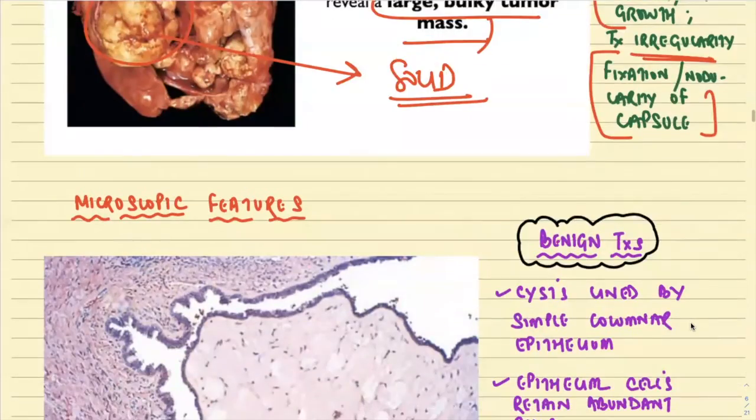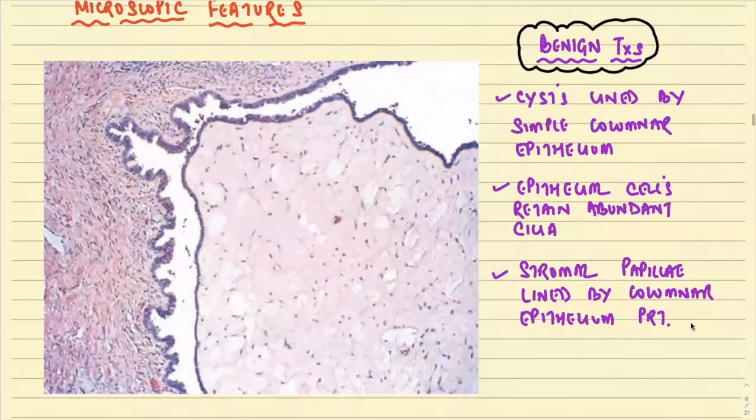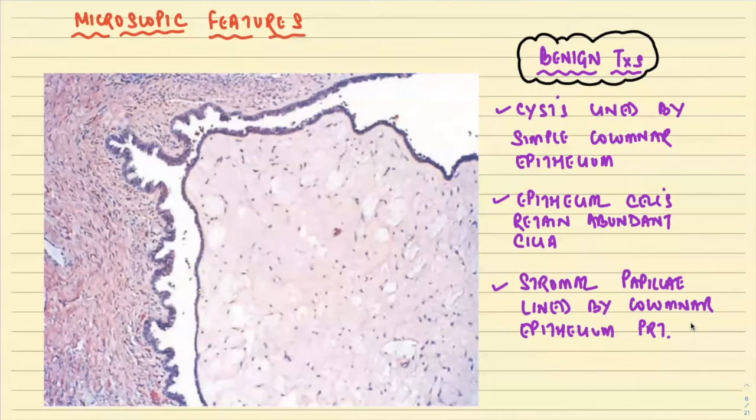Now this is the microscopic feature, as we can appreciate over here. This is a benign tumor. You can see they are lined by a single layer of columnar epithelium, so they show a cyst lined by a simple columnar epithelial layer. That's it.